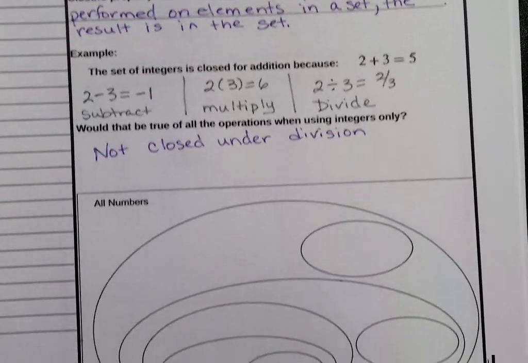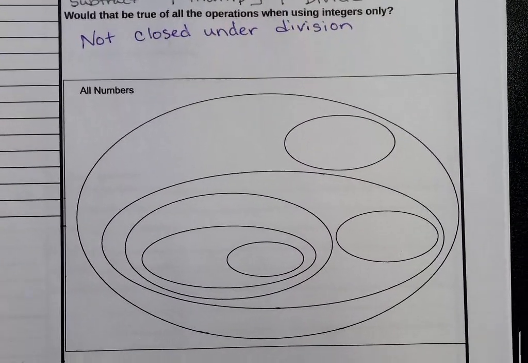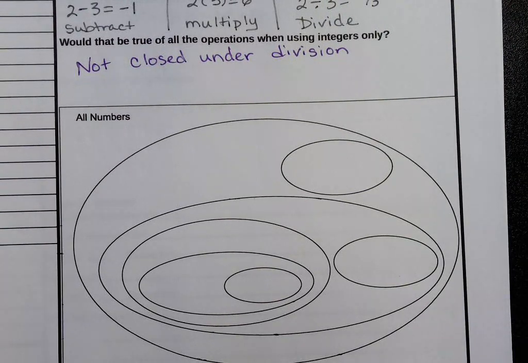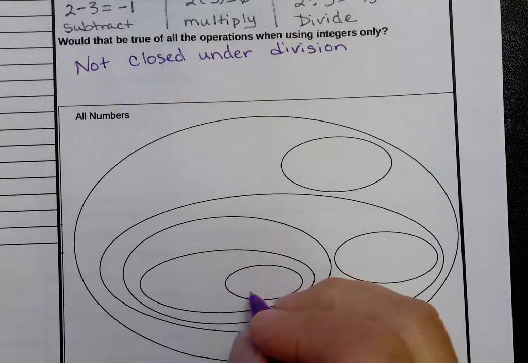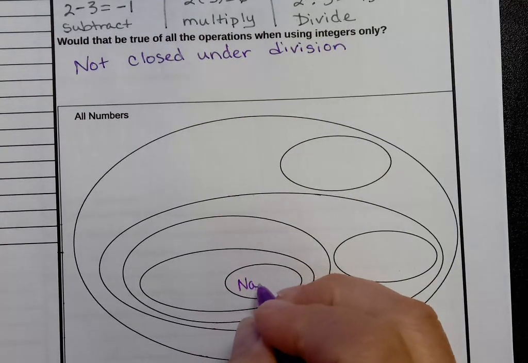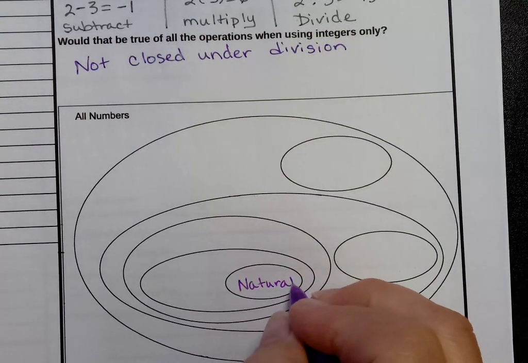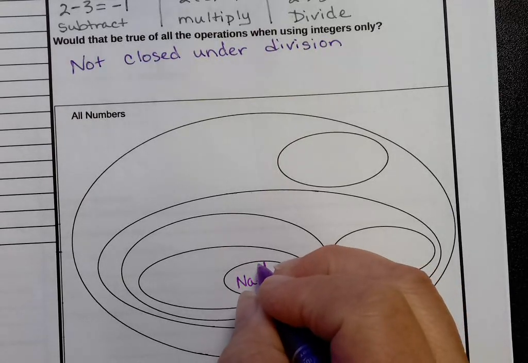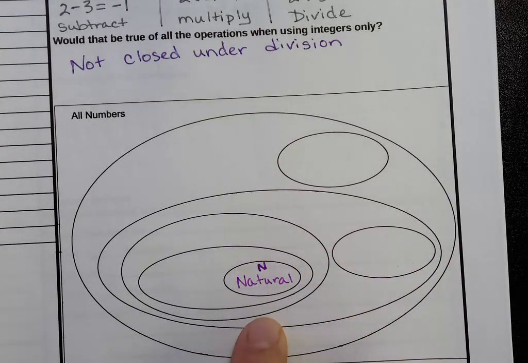Okay, so as we're looking at all these different numbers, we're going to think down to the smallest set. We start with the bigger and we come down to the smaller. The first thing we work with is what we call the natural numbers or the counting numbers. That's our smallest set. And remember, that is the N. Okay, from there, we start adding to it.